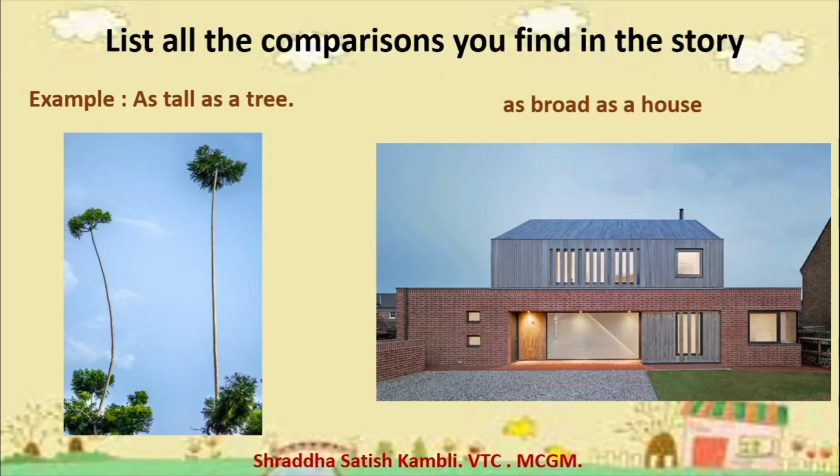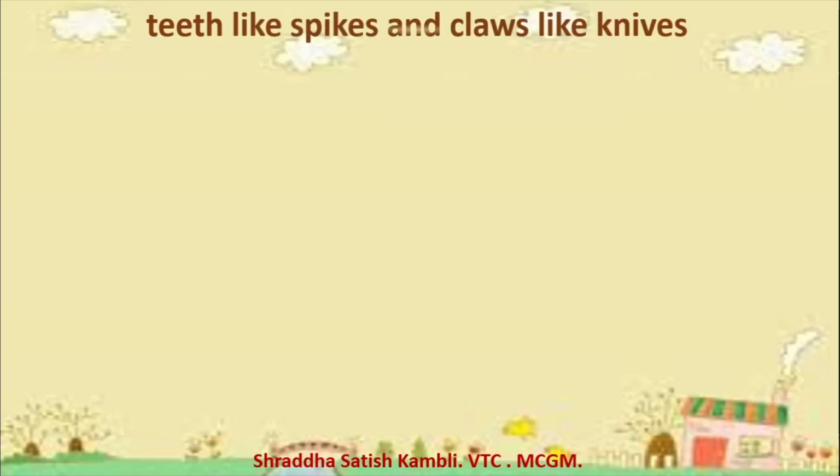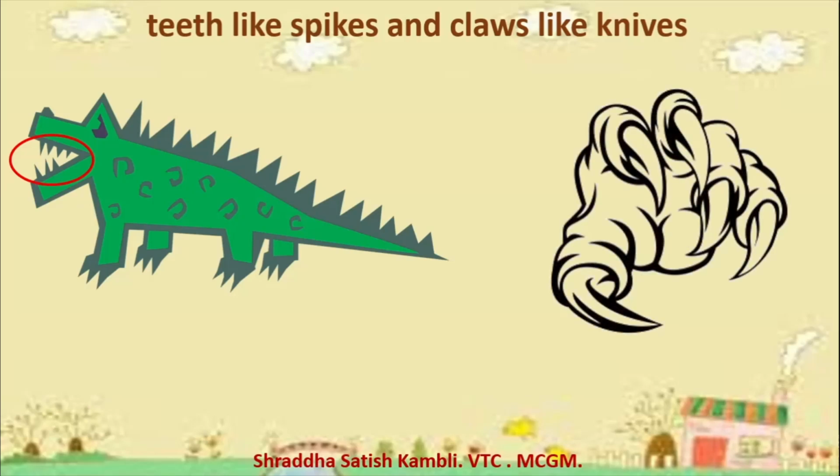Then we have some more comparisons here. For example, we have said teeth like spikes and claws like knives. So the dragon's teeth were like spikes, big needles or big nails, and his claws were like knives. They were very sharp.